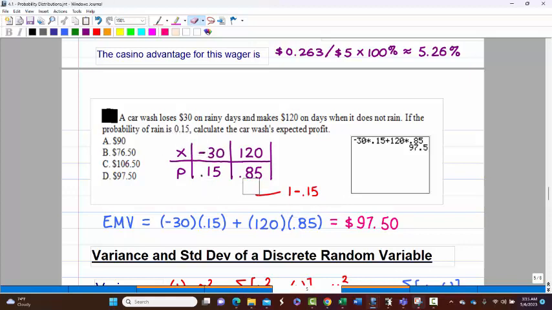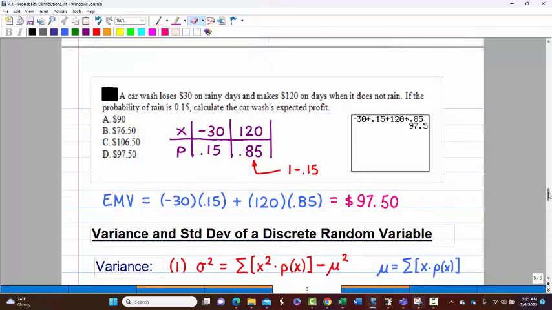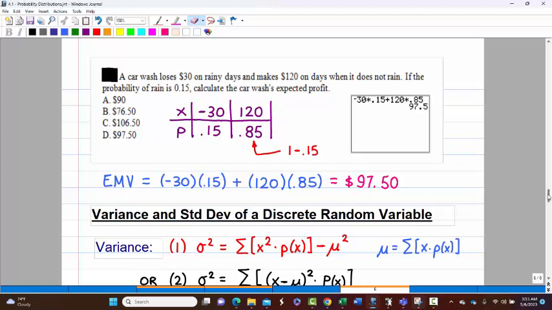They didn't give us that number, but it was super easy to come up with. Once you have that, you can do the calculation: negative 30 times 0.15 plus 120 times 0.85 gives 97.50. So they should average a profit of 97.50 per day.